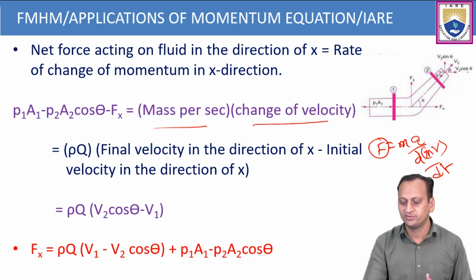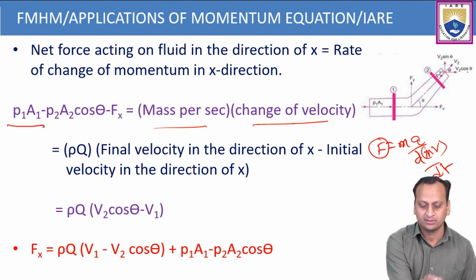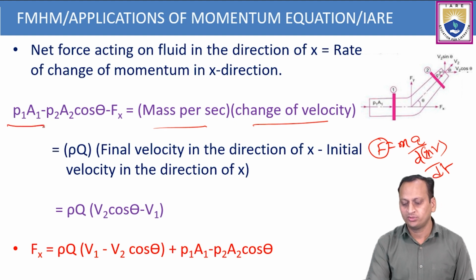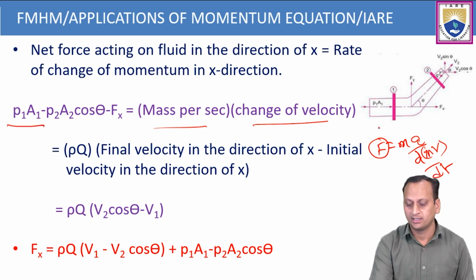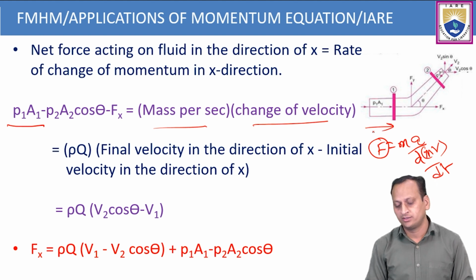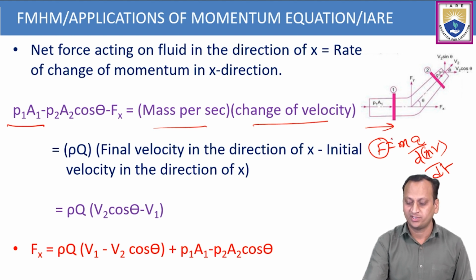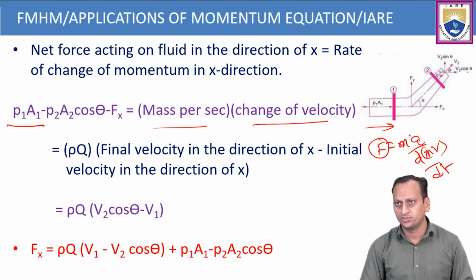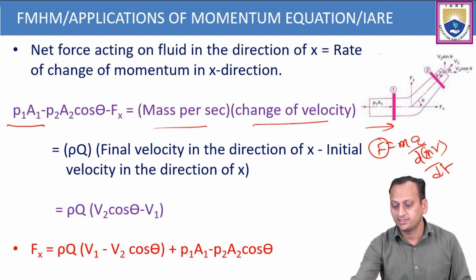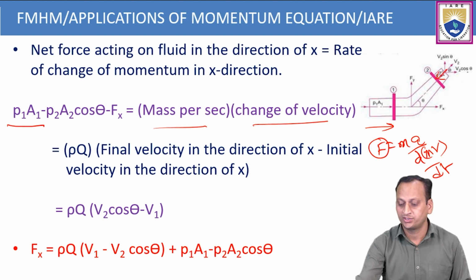We have considered only 2 sections in the control volume. At section 1, the net pressure force acting horizontally is P1A1. Moving along x towards the right, it is positive. And at section 2, as it is at theta, the pressure force will be acting in the downward direction.